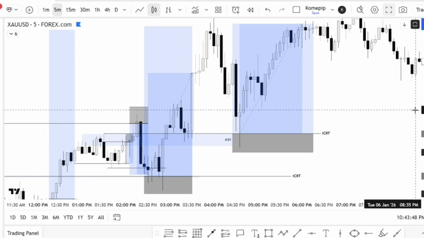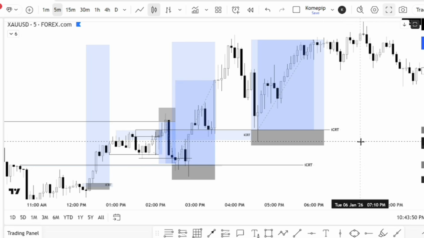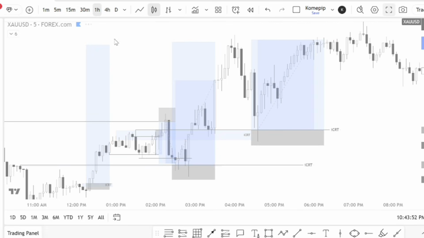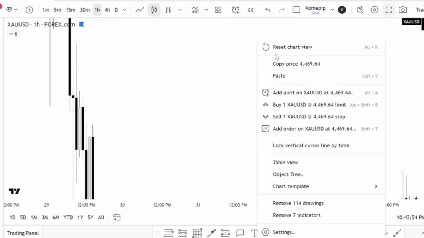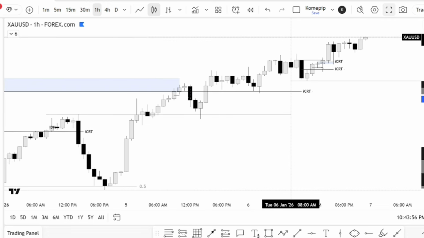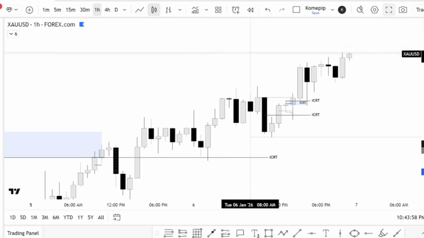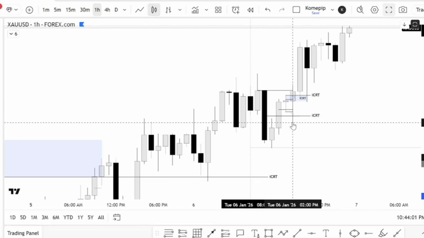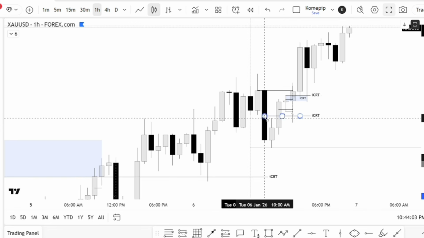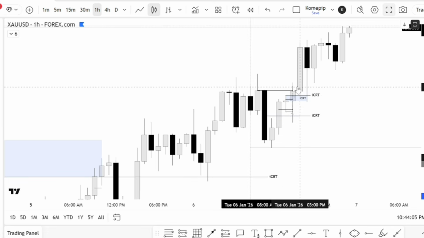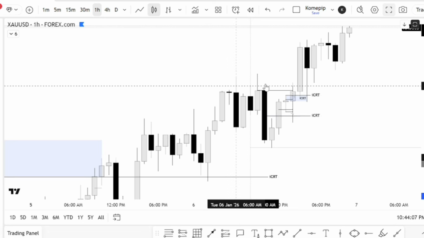Now this is quite easy and simple and straightforward. If we come to the 1 hour time frame, what can we see? Now on the 1 hour time frame, remember that price had already tapped this low level and our 5-minute CRT level, and of course price has pushed to the upside.